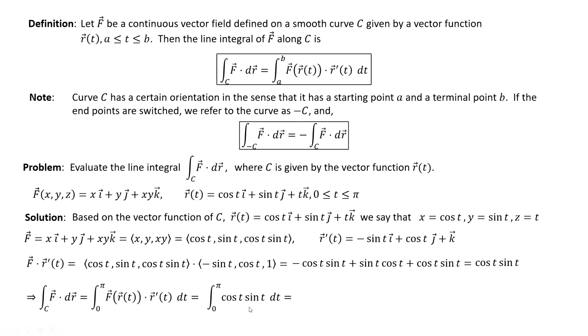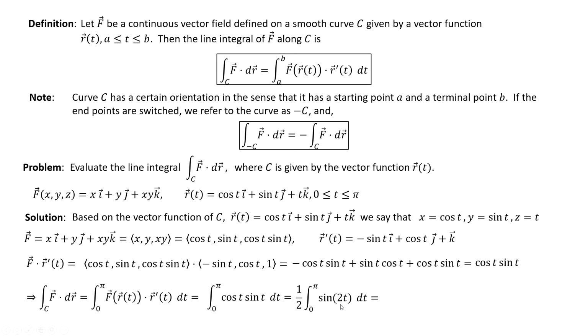How do you do this? You can do substitution: u equals sine t, du equals cosine t dt. Or, I like trig, so I wrote sine t cosine t as 1/2 sine of 2t, because sine 2t is 2 sine t cosine t.